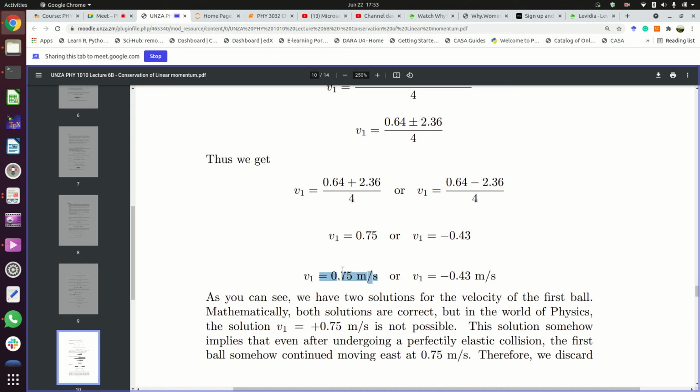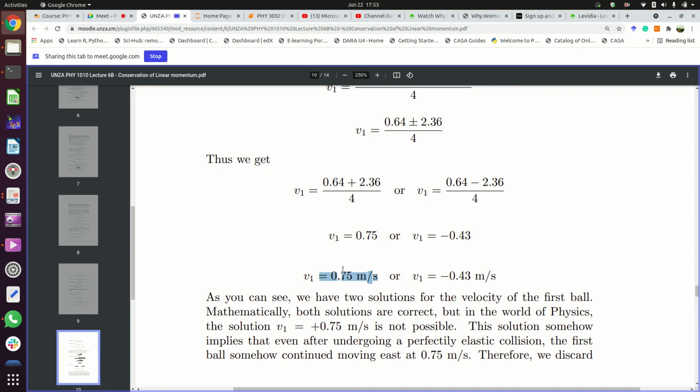Now we know this is not possible because these identical masses are actually made of matter. And if you're going to collide with something, you have to bounce. So the first solution of 0.75 meters per second does not make sense.